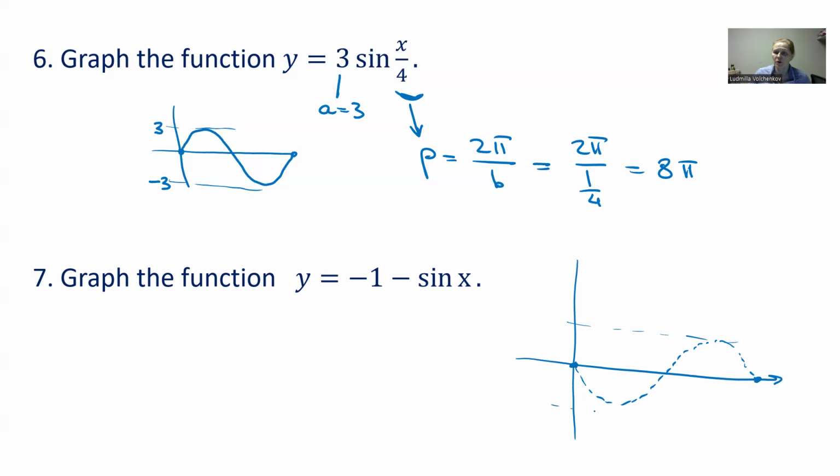Oscillates from -1 to 1. And then we must shift the graph 1 unit down. So every point of the graph goes 1 unit down.